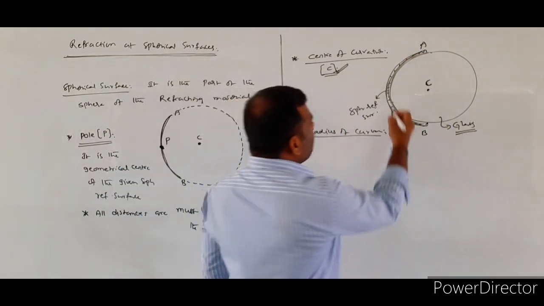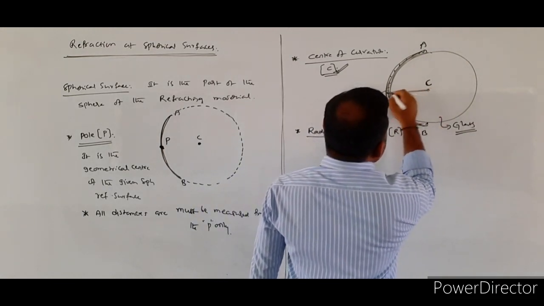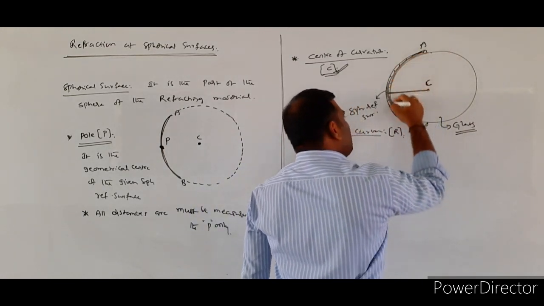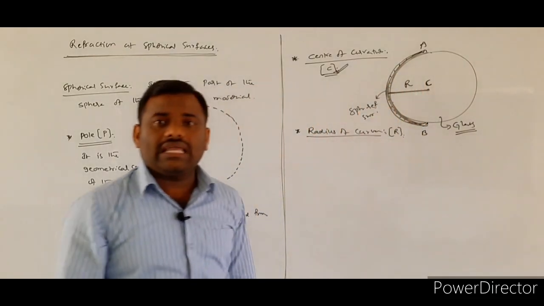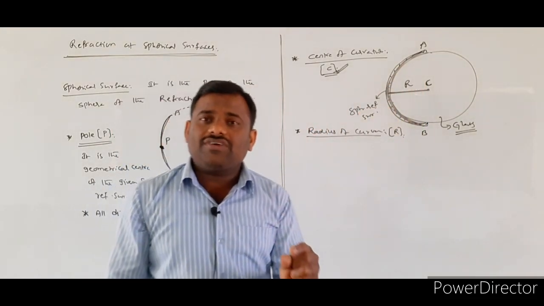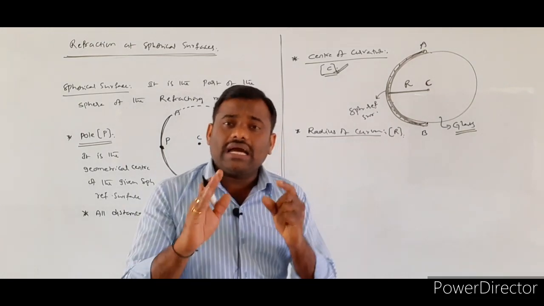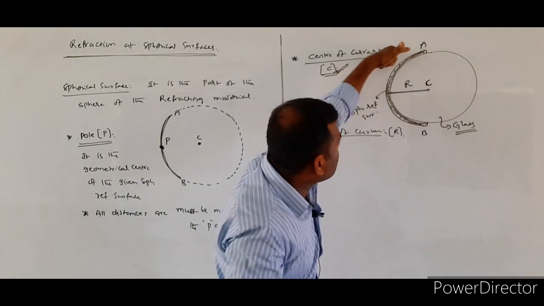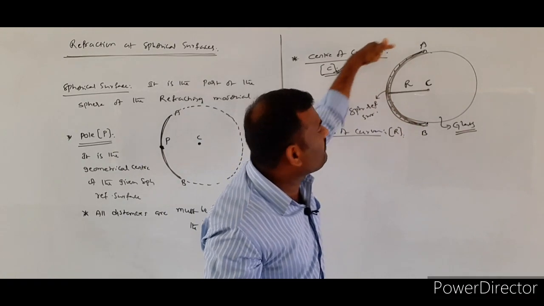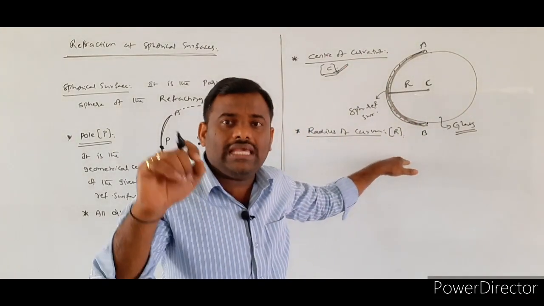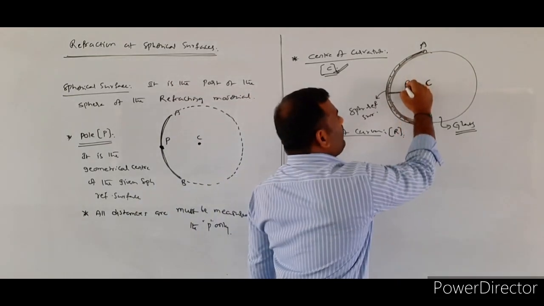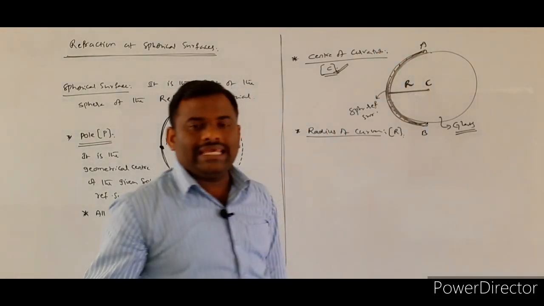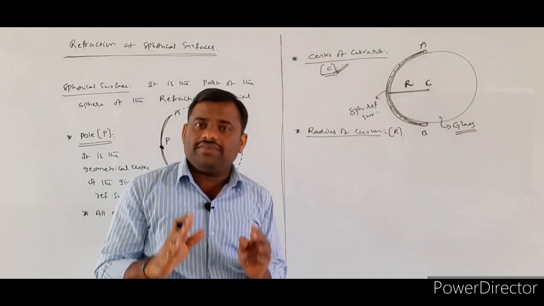So the radius of curvature of the spherical refracting surface will be equal to the radius of the given sphere. That value we call the radius of curvature of the spherical refracting surface.